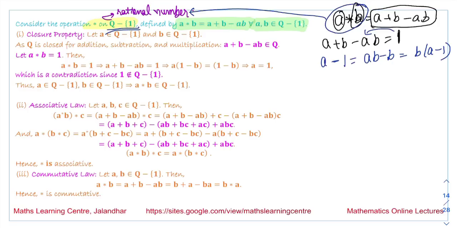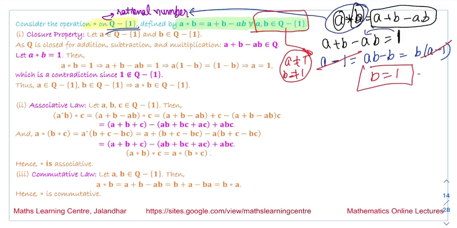Now a and b are rational numbers except 1. It means a is not equal to 1 and b is not equal to 1. But this gives us that b is equal to 1, and this is a contradiction. So this is not possible. It means whatever we have assumed, that a plus b minus ab is equal to 1, is wrong, and thus for a and b rational numbers except 1, a star b is a rational number except 1.